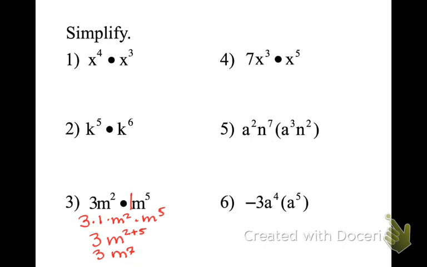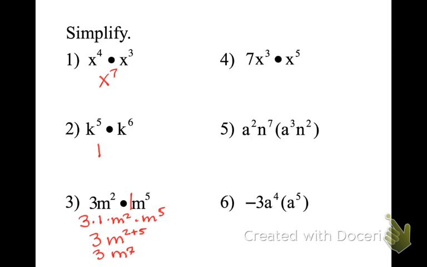Okay, Shivam, number 1. You can just give me the answer. x to the 7th. And number 2, how about Dakota? Number 2 was 7x to the 8th. No, number 2. I skipped that one.